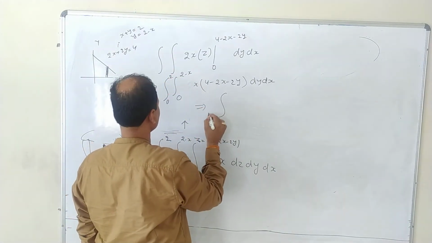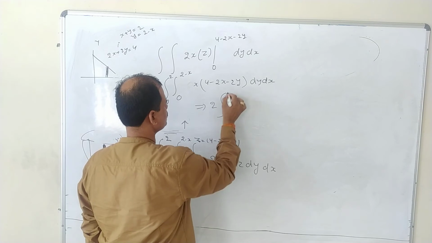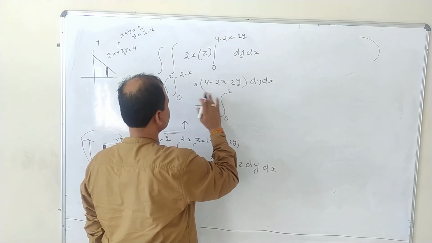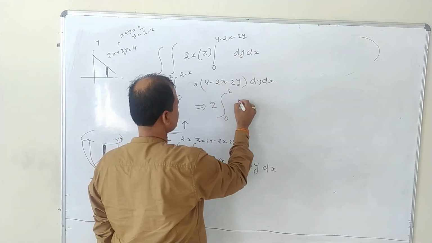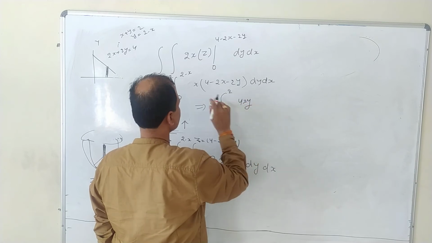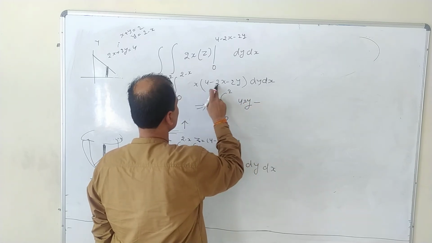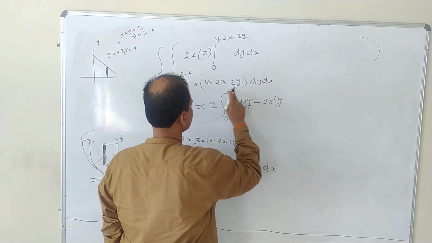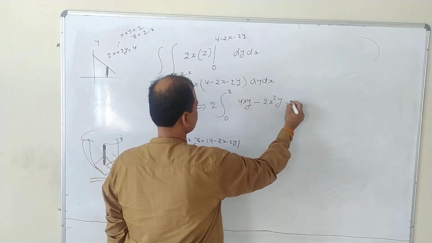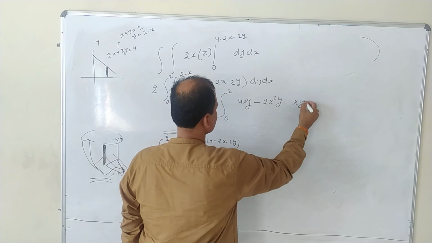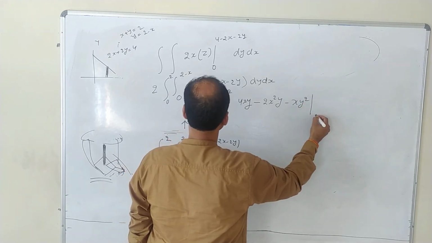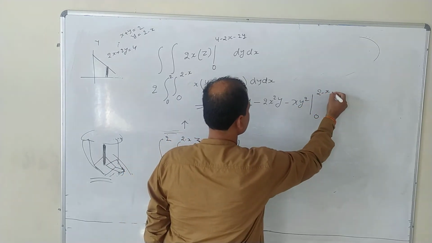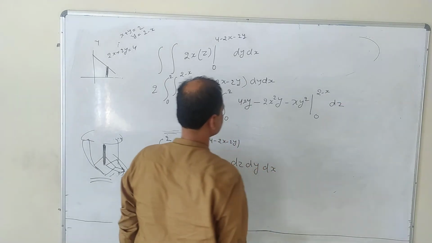Now 2 into the integral from 0 to 2, I'll integrate with respect to y here. So the first term is 4x, so 4xy, the second term is 2x square y, minus 2xy, so it will be x y square, and limit from 0 to 2 minus x dx.